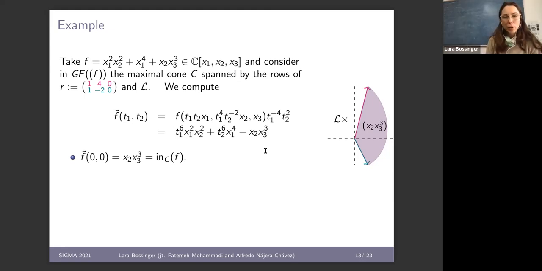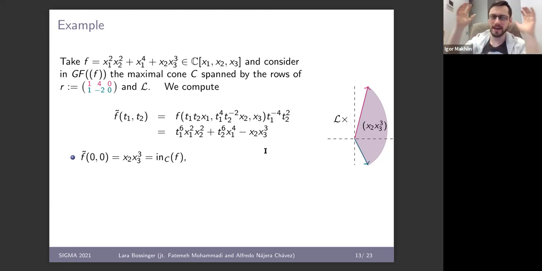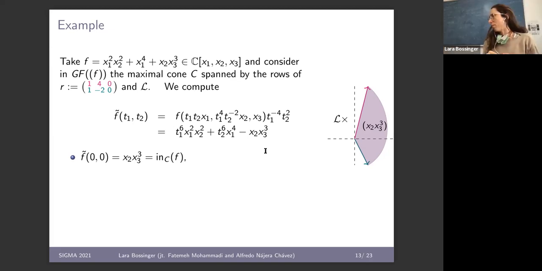Sure. Yes, there is a single monomial which occurs in the initial parts with respect to each of the R's. And this is why the definition works.